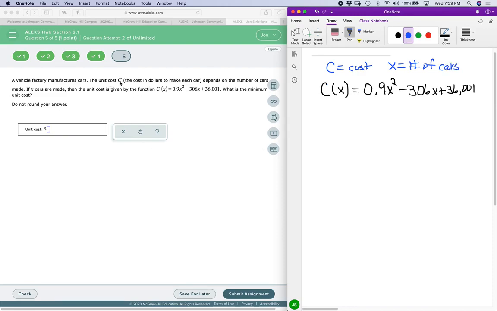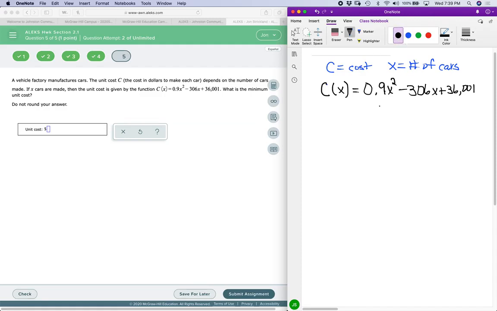The unit cost depends on the number of cars made, and if we have x number made, then the unit cost is given by this formula. And we're asking what the minimum unit cost is going to be, and it says to not round the answer.